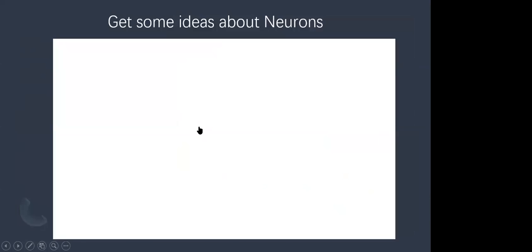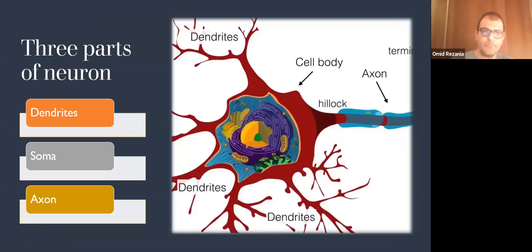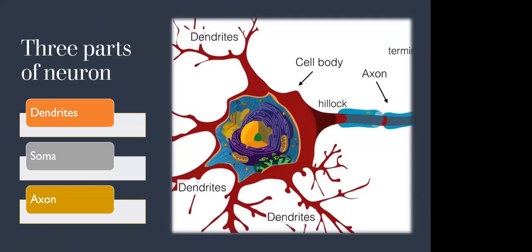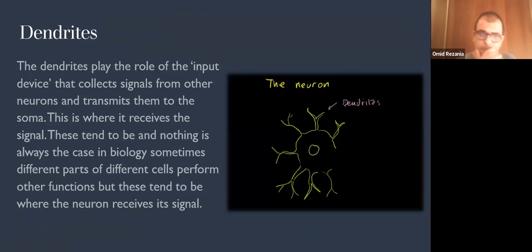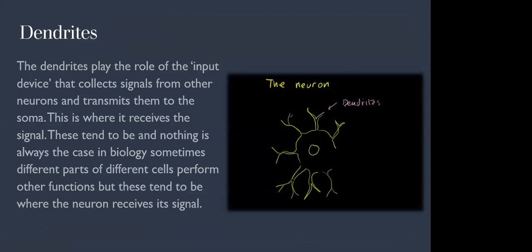In the radio, let's talk about the three neural components: dendrite, soma, and axon. The dendrites play the role of the input devices that collect signals from other neurons and transmit them to the soma.